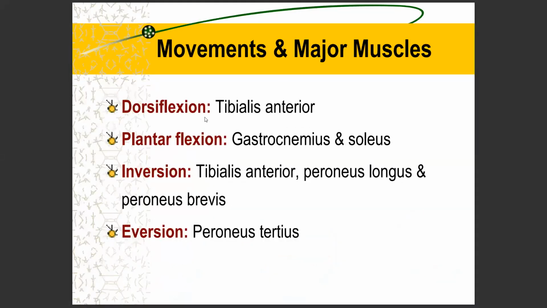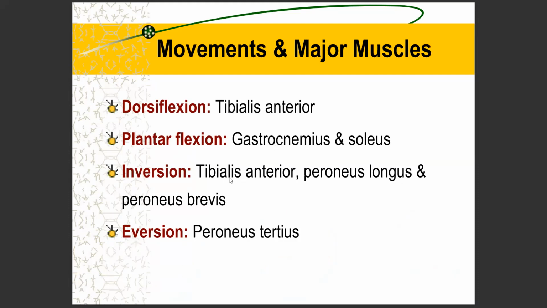Movements and major muscles. The muscle responsible for dorsiflexion is the tibialis anterior. For the plantar flexors, the important muscles are the calf muscles, the gastrocnemius and the soleus. These both are the plantar flexors.